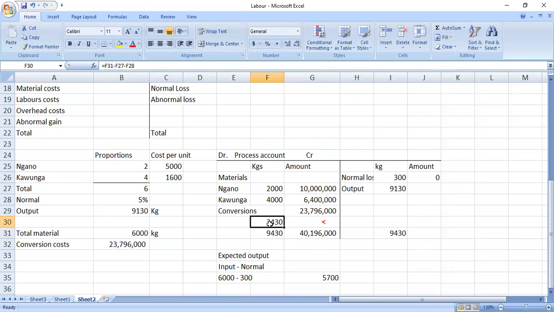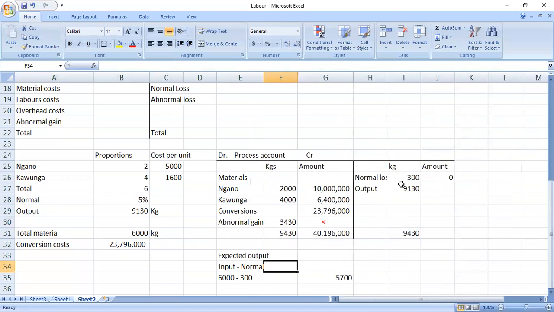We have a balance of 3,430. This is what we call the abnormal gain. It's abnormal gain when the output, I mean the credit side, exceeds the debit side, which are the inputs.